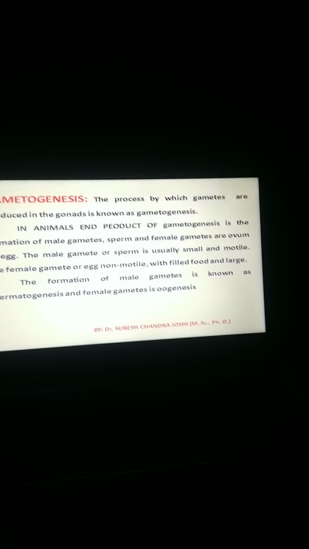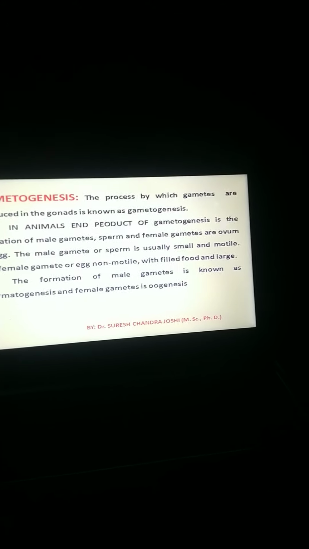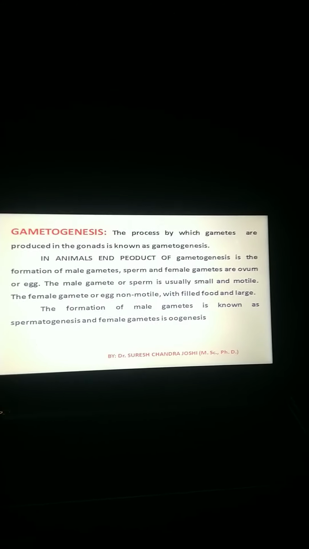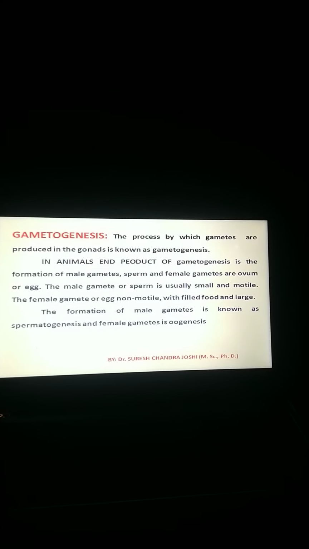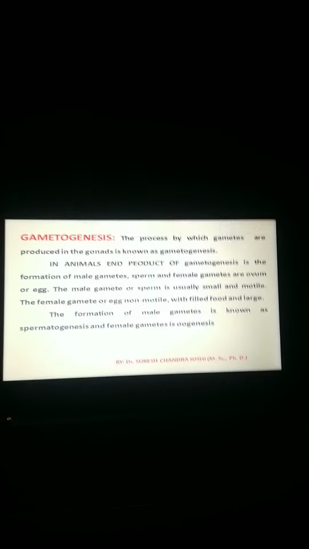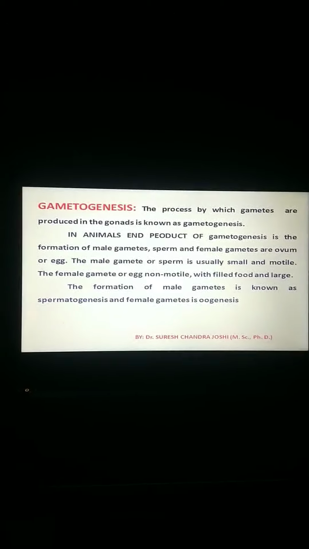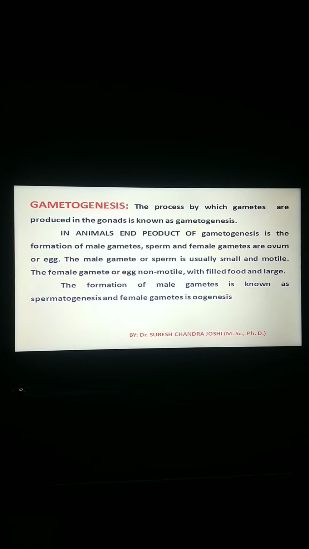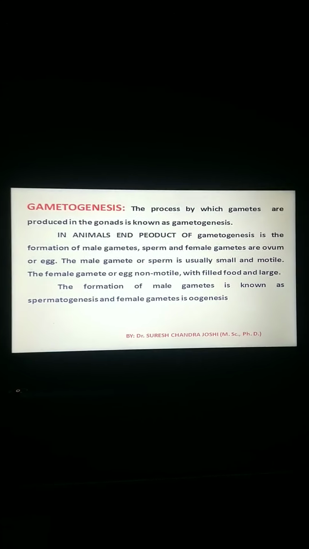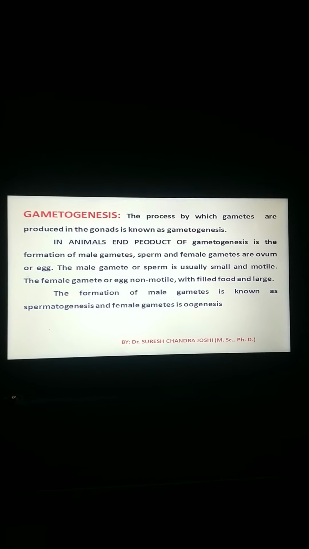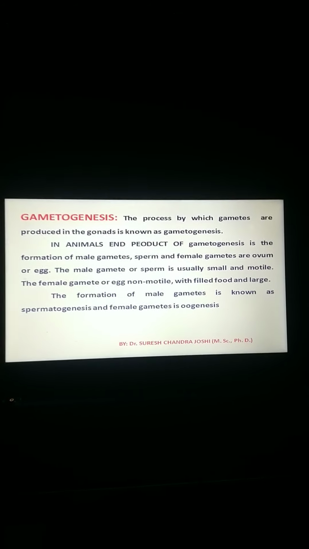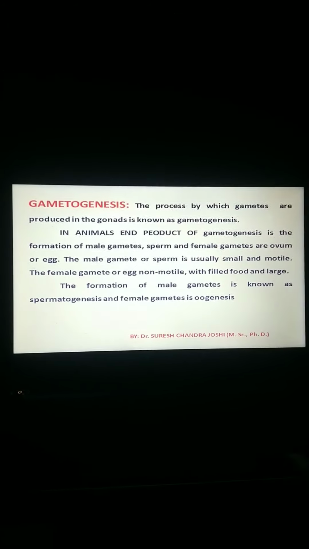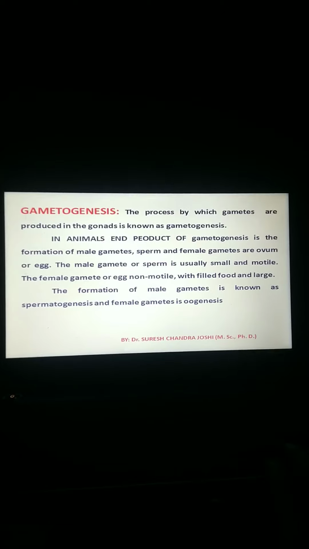Formation of male gametes is known as spermatogenesis, and formation of female gametes is oogenesis. Spermatogenesis and oogenesis together are known as gametogenesis. Spermatogenesis produces male gametes and oogenesis produces female gametes.